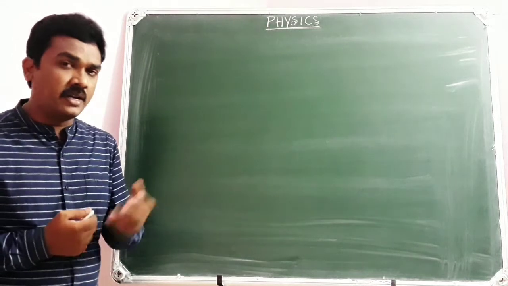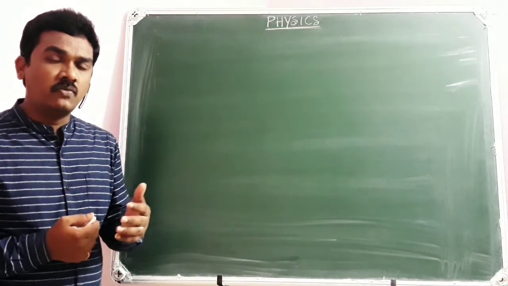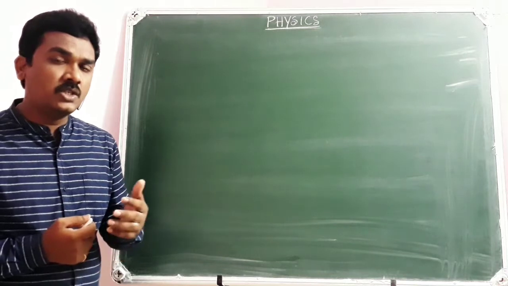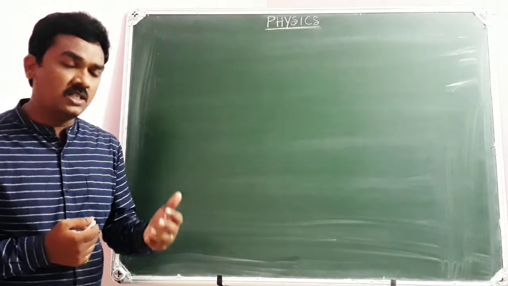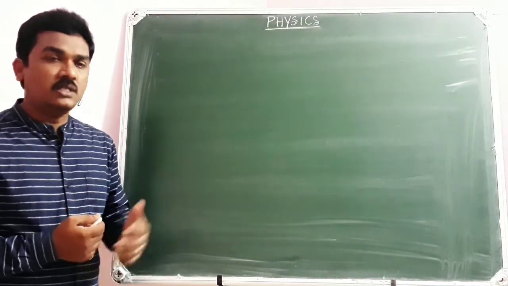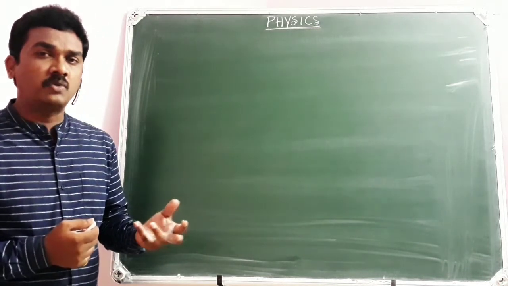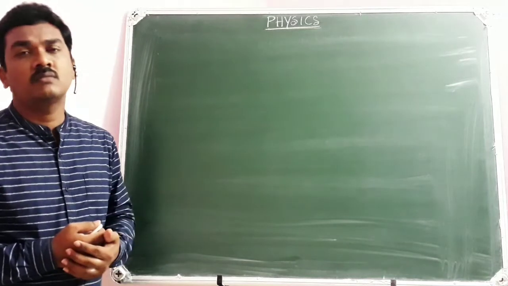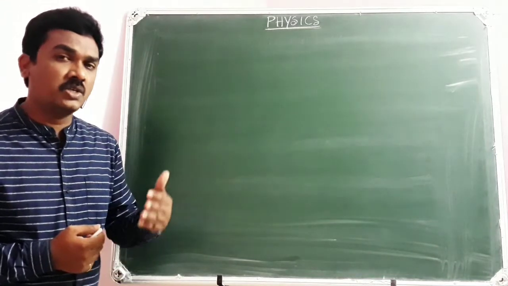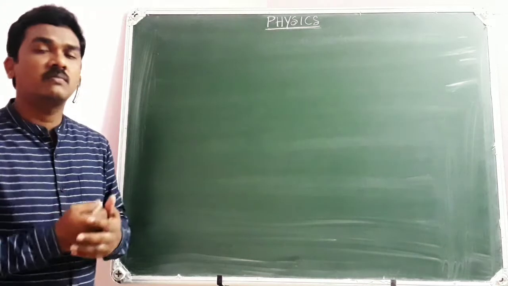This influence is possible because of the electric field around the charged particle or body. That is a region around the charged particle up to where it can show its influence, which is explained as the electric field due to the charge.